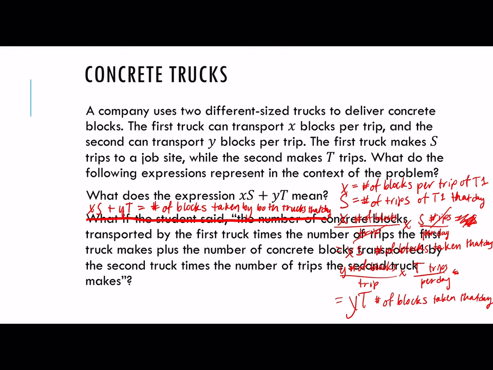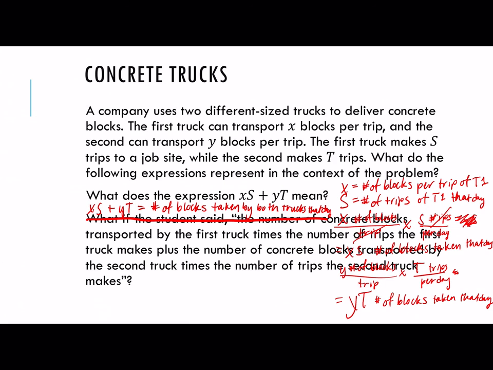What if a student said the number of concrete blocks transported by the first truck times the number of trips the first truck makes, plus the number of concrete blocks transported by the second truck times the number of trips taken by the second truck? The student there is just saying the mathematics, and they're not even focusing on the concepts, what it means in the context.